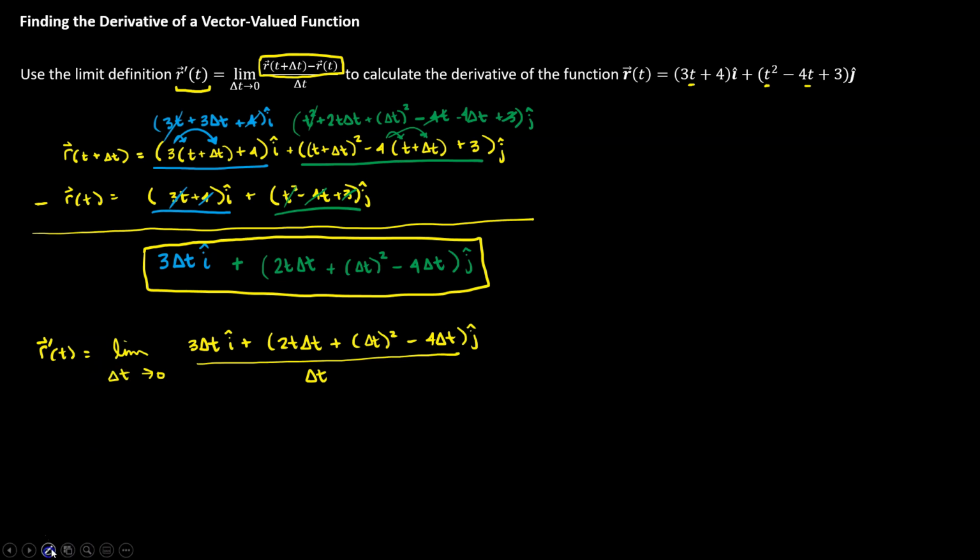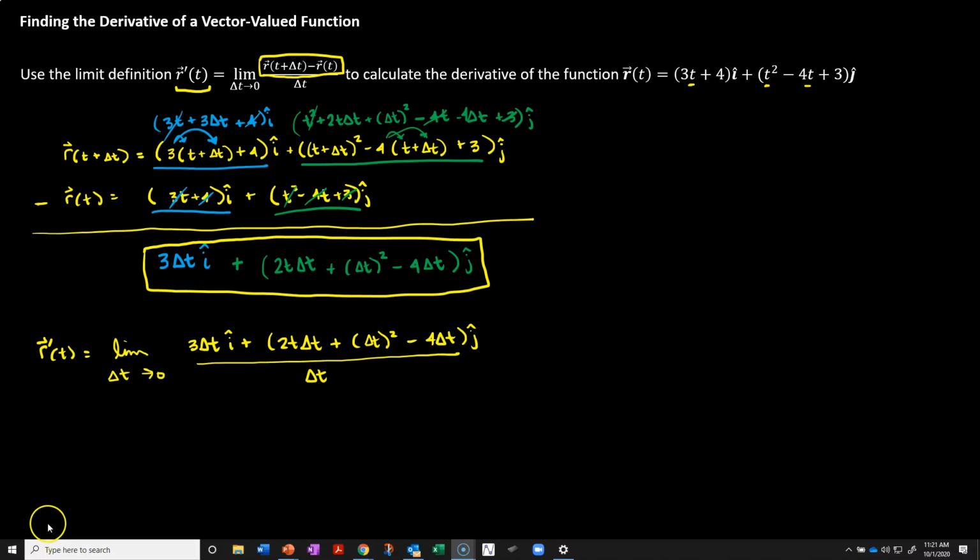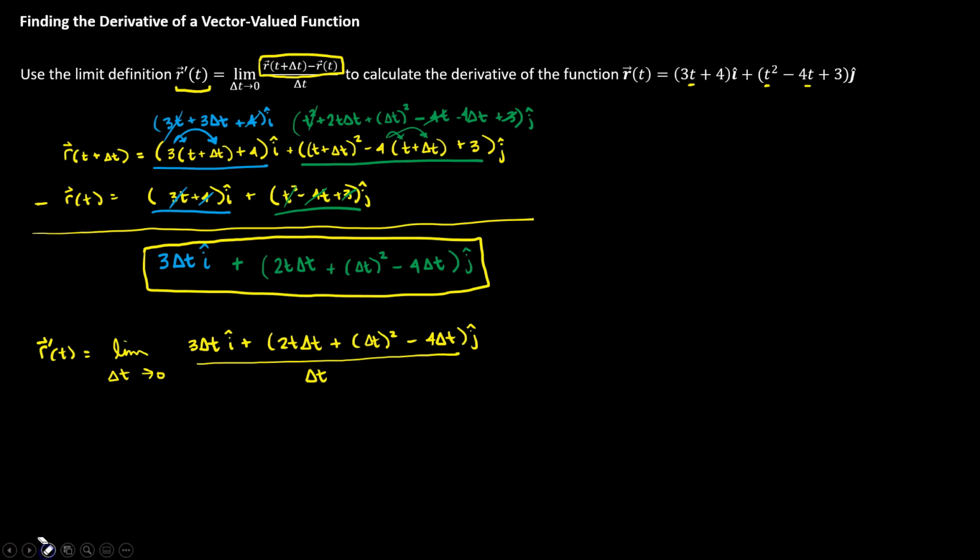We are applying a limit to a vector. And so we need to separate the components of the vector. So we're going to have an i hat limit, and we'll have a j hat limit.